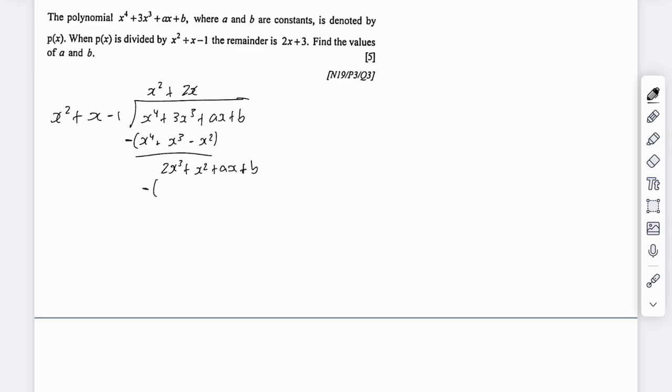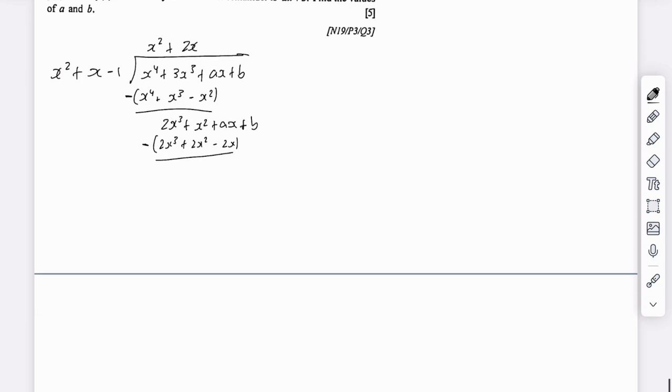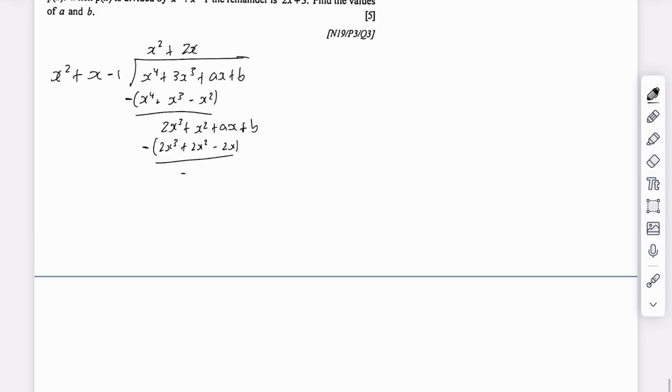We get 2x cubed plus 2x squared minus 2x. And if we do that, we're going to get minus x squared plus 2x plus ax plus b. And if we go back in with the x squared, we get minus 1 up here.